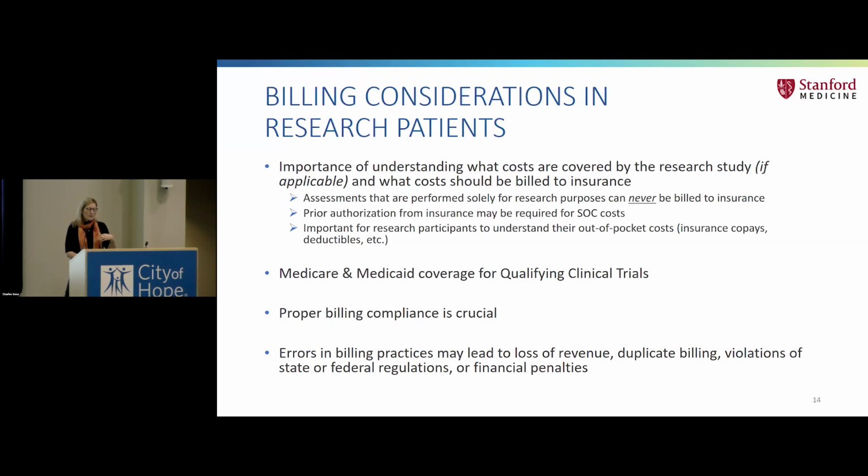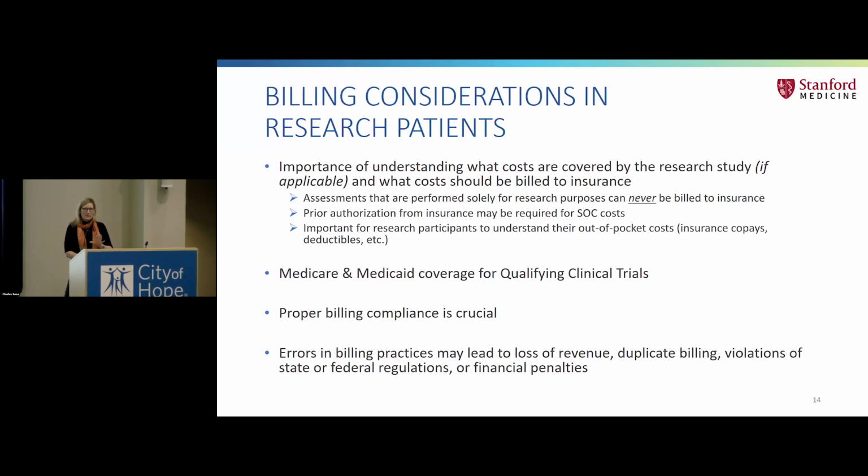And so for those things that are not going to be billed to the study, the same process is going to have to happen, right? Prior authorization and any out-of-pocket costs that the patients would normally be paying are still going to have to be paid by that patient.